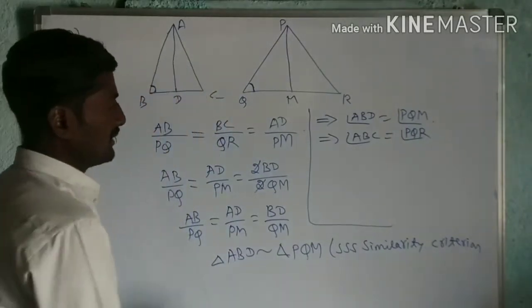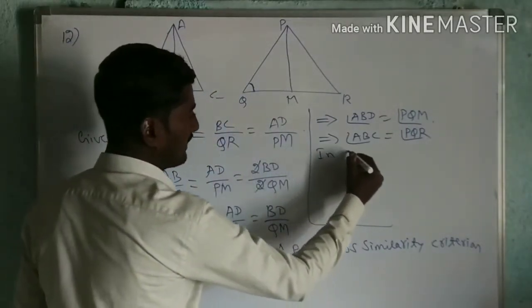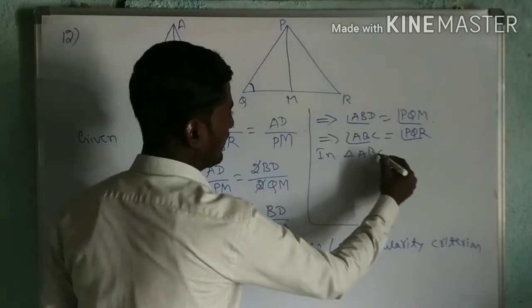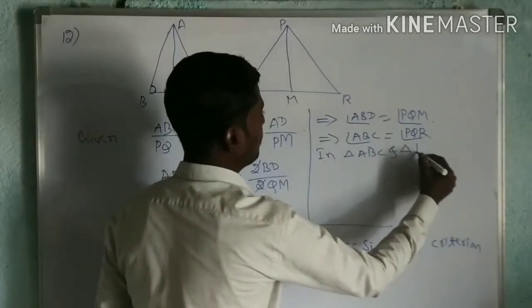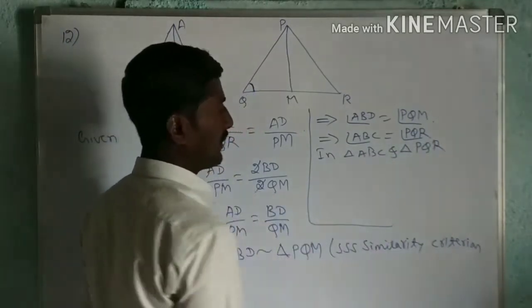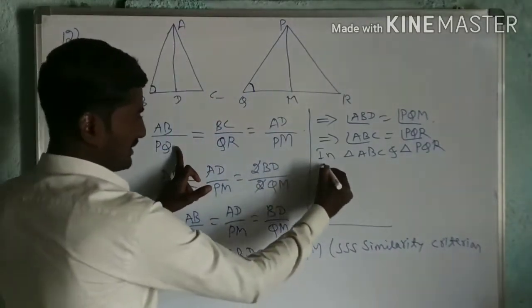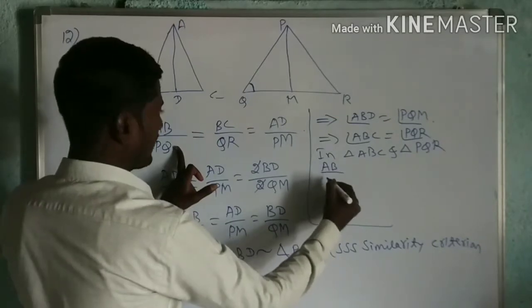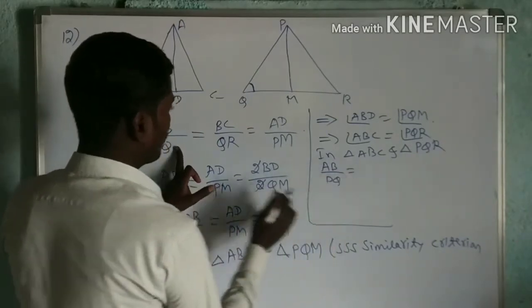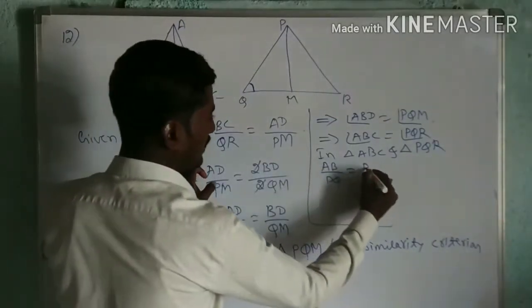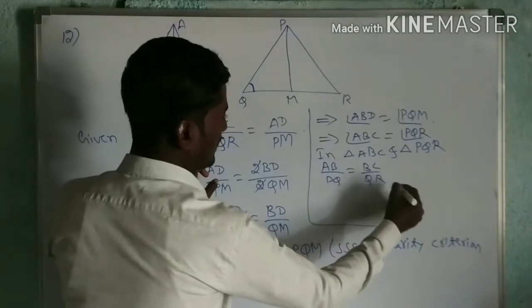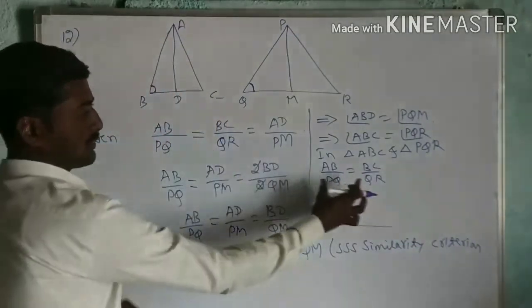Now in triangle ABC and triangle PQR, what did I get? Two conditions. This is given: AB divided by PQ is equal to BC divided by QR. First I take these two.